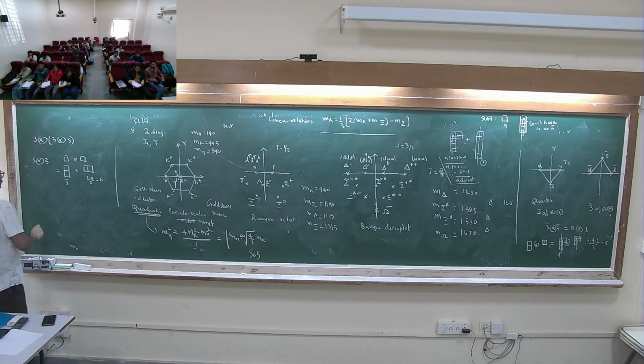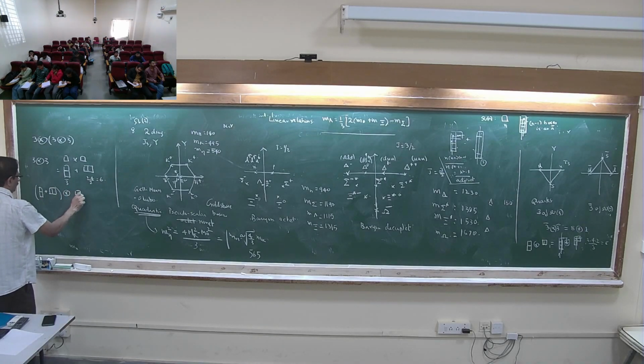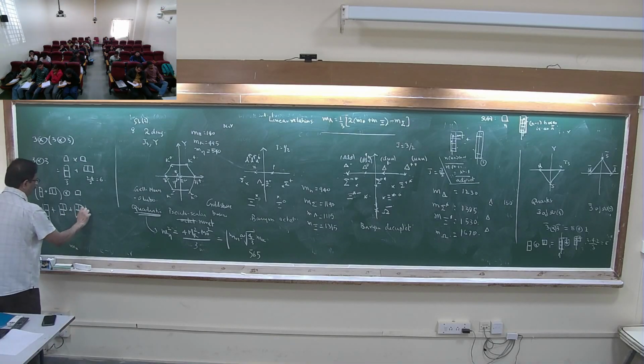Fine, very good. So now I need a 3. This plus this. I have to now multiply it with the box. So what do I get now? I get this plus this plus the same.